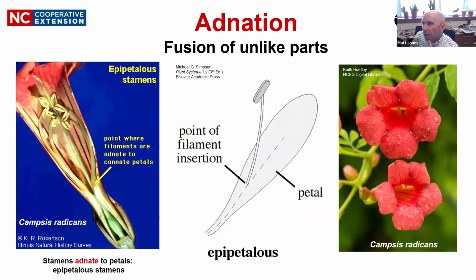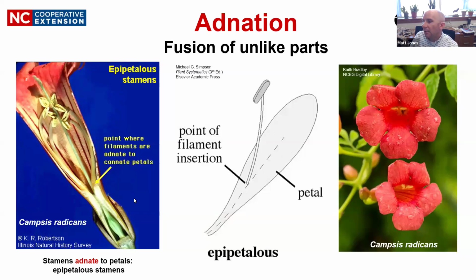If flower parts are fused to different flower parts, they're said to be adnate to each other. So, like in the case of this trumpet creeper flower, the stamens are actually fused at the filaments to the corolla tube. So we say the stamens are adnate to the petals.